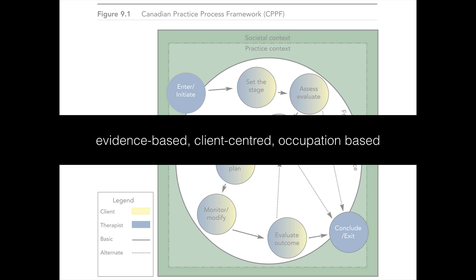Okay. And you should recognise all of those things and a few others that aren't mentioned there, because they're all part of the program aim for the Bachelor of Occupational Therapy at Griffith University. So for that reason, but also because all of those things are crucial to contemporary occupational therapy, the CPPF very explicitly states it supports that, and so that's one of the reasons why we're going to focus on the CPPF.